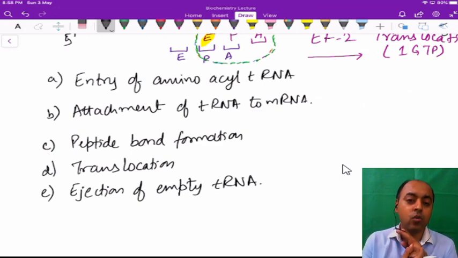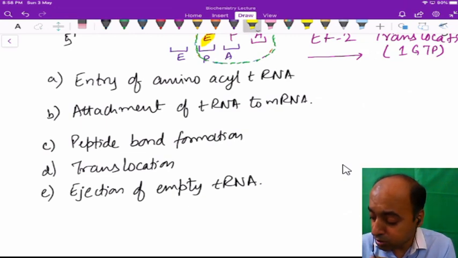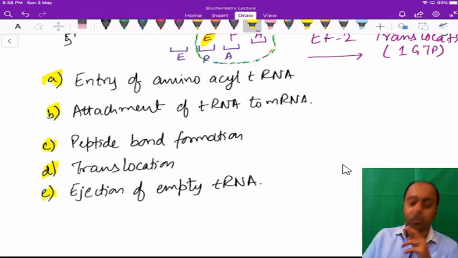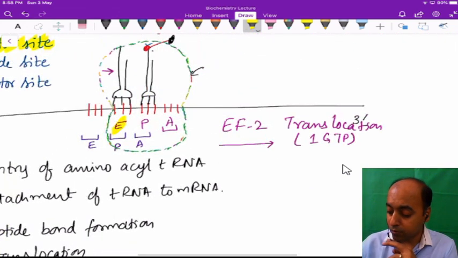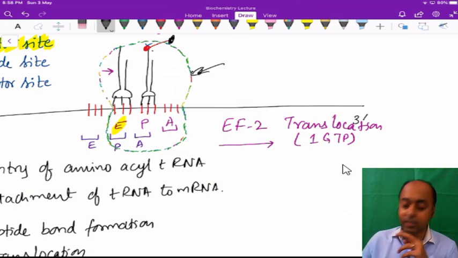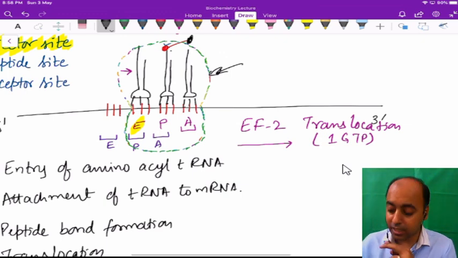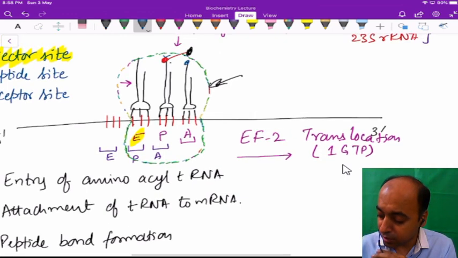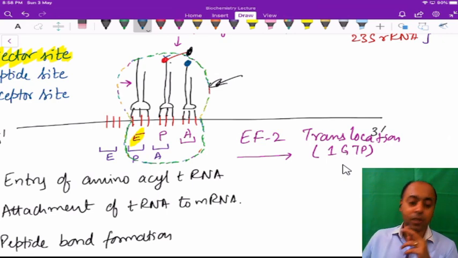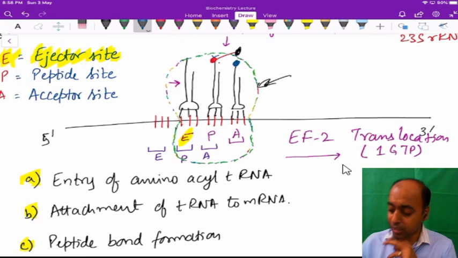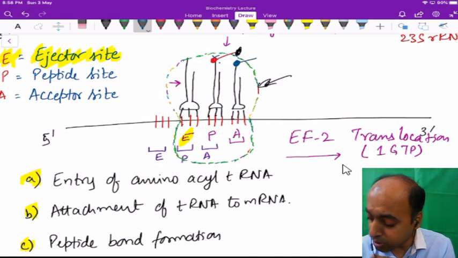So one round of elongation includes these 5 steps: the entry of amino acid tRNA. Now we can have a fresh entry, a new amino acid tRNA can come in. Once it comes in, it will attach on the A site. It is bringing in a fresh amino acid. Once the attachment occurs to the messenger RNA, there will be peptide bond formation.